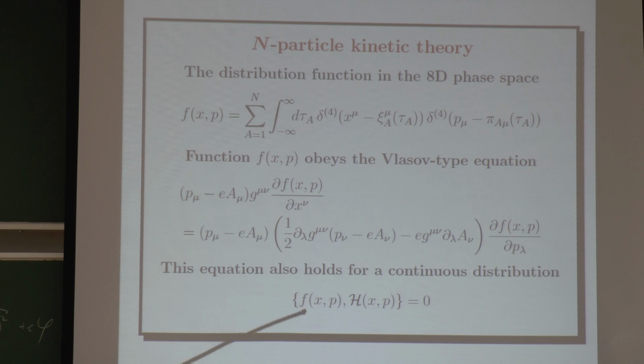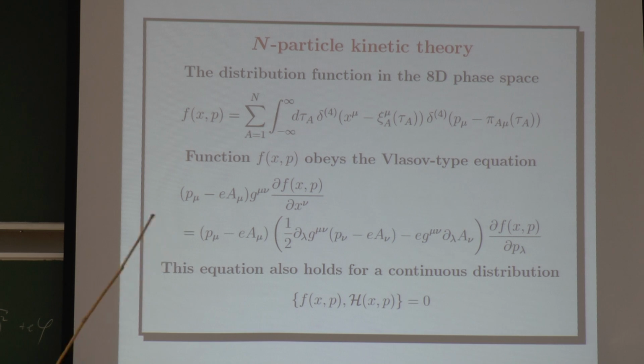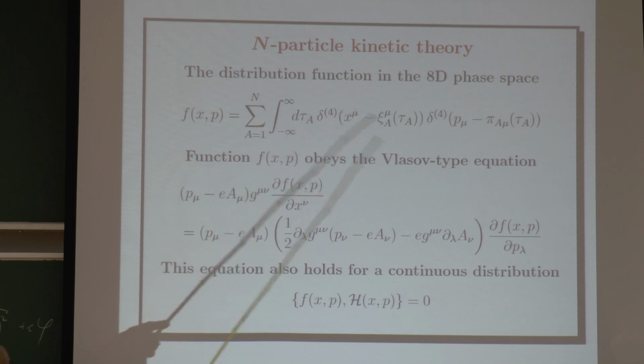There is even a better way of doing it, because I can express everything in terms of some initial data, and then I integrate over those initial data with some distribution of initial data. In this way, I will get rid of the delta function and get a distribution. This is like going from Lagrange picture to Euler.